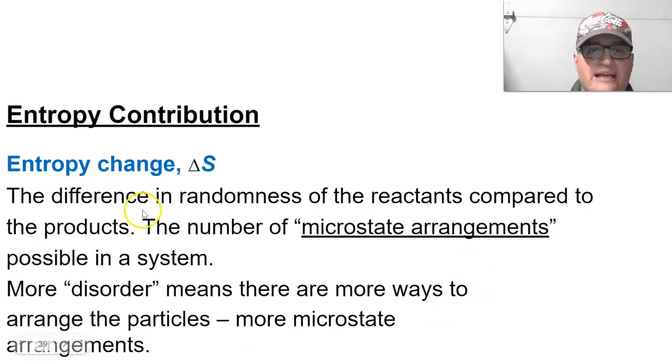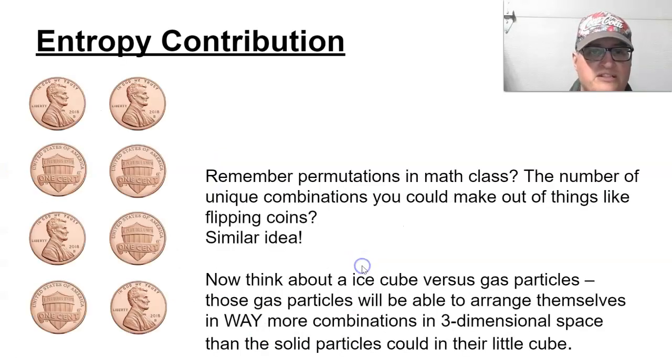Entropy change, difference in randomness, number of microstate arrangements in a possible system. Not disorder. More randomness means that there's more ways to arrange the particles, more microstate arrangements. I try to avoid order as much as I can. Now, entropy contribution.